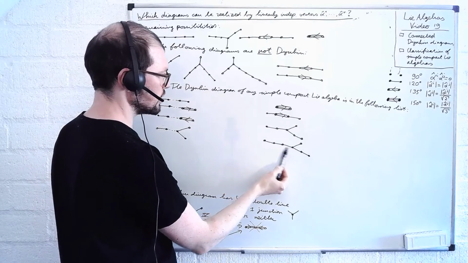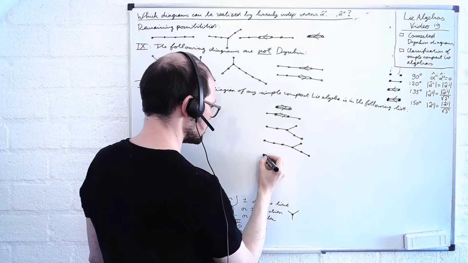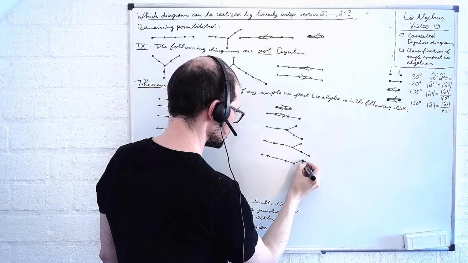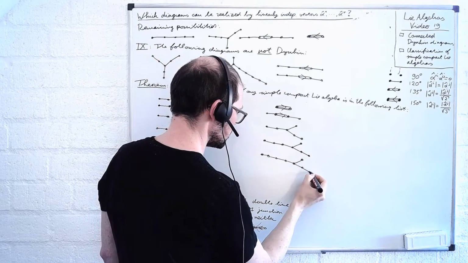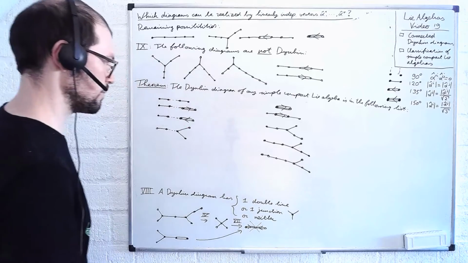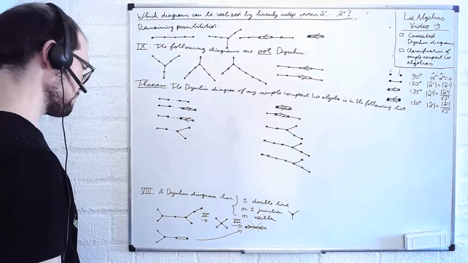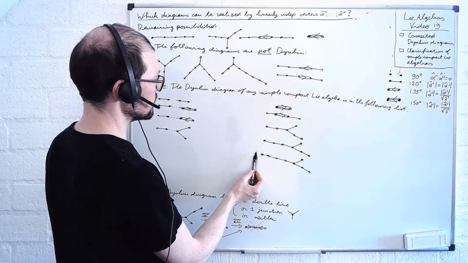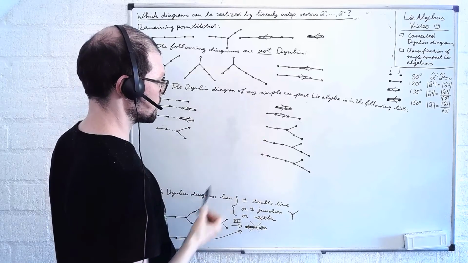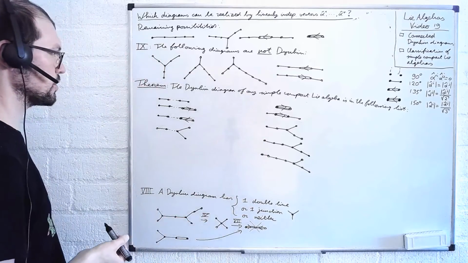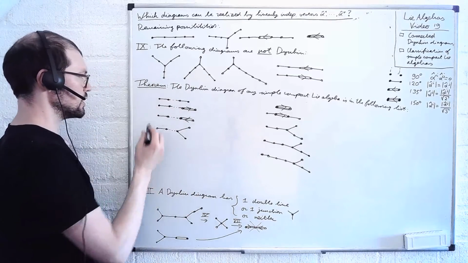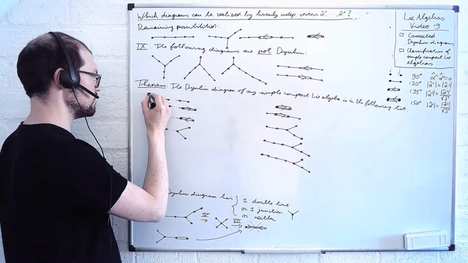So the only thing really I can do is extend this one by another edge. So I get this. Okay, and that is all, because I cannot extend this one any further because it would contain that one. So we're done.